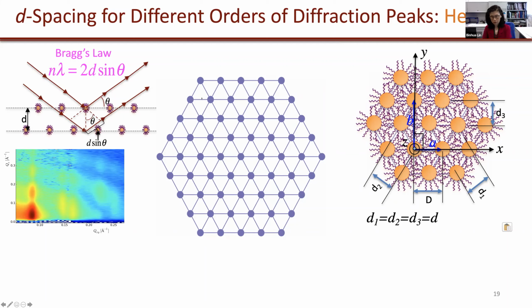When the path difference between the incident and scattered X-ray beams satisfies Bragg's law, in which n is the integer, lambda is the wavelength of the X-rays, d is the spacing, and theta is the angle between the beam and the plane, you will see a diffraction peak in that direction.